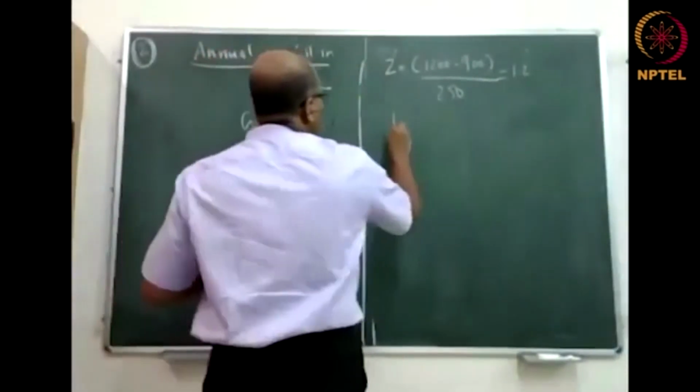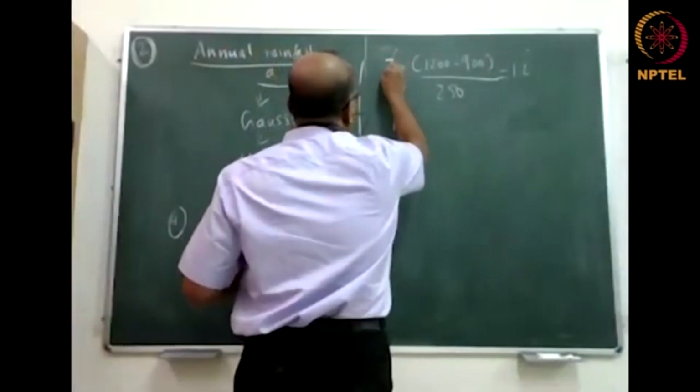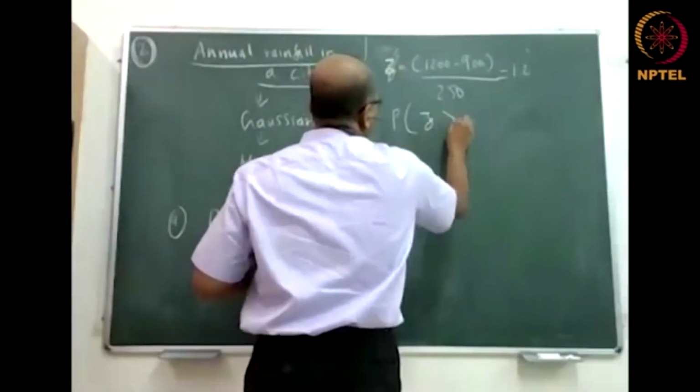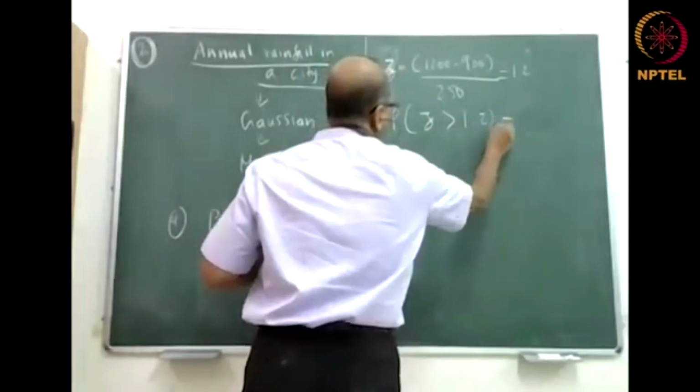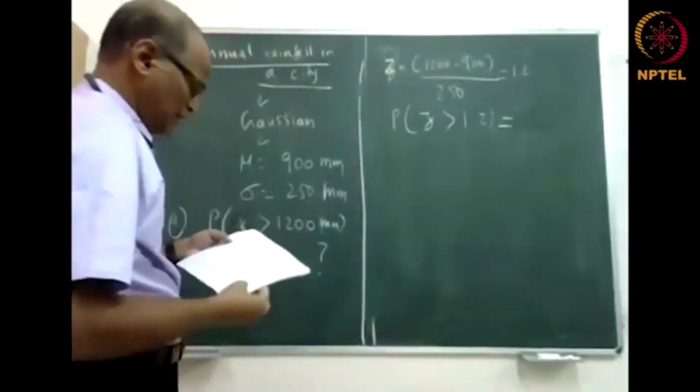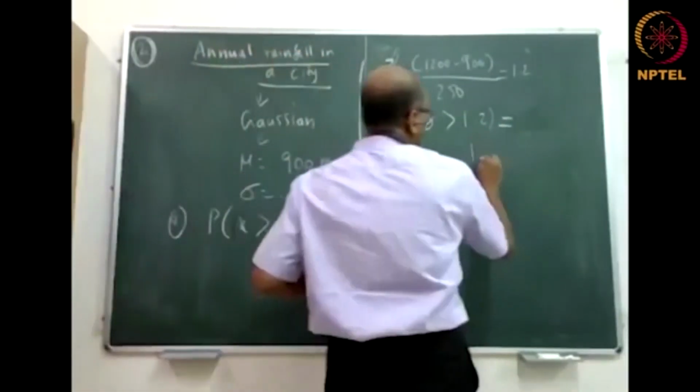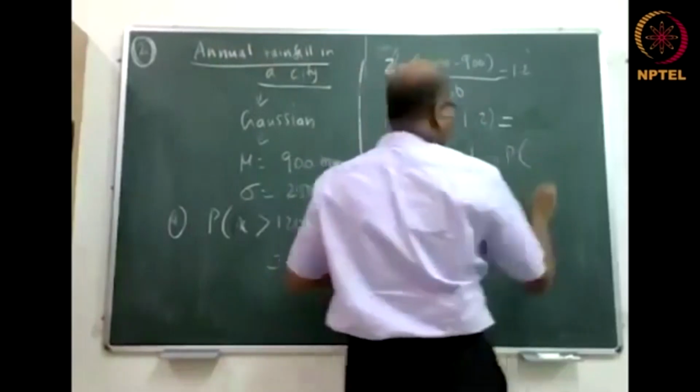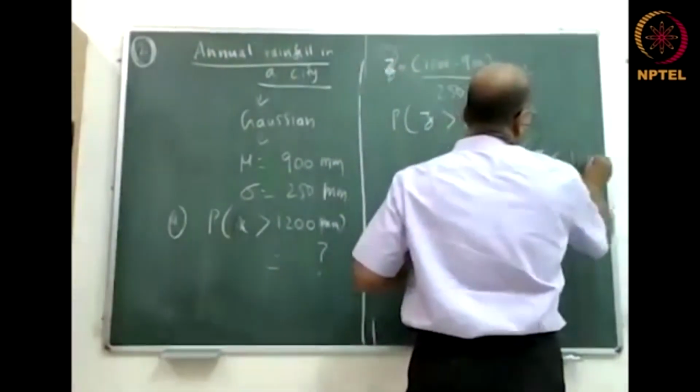So we have to say probability of Z greater than 1.2 equal to 1 minus probability Z less than 1.2. Very good.